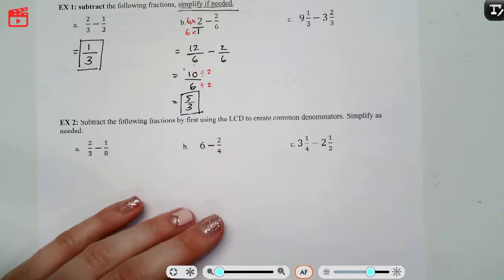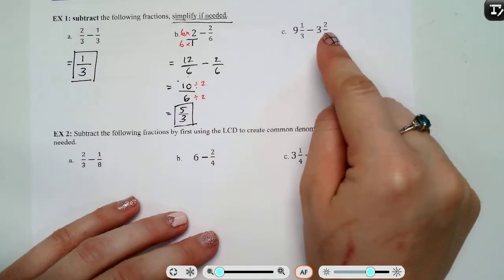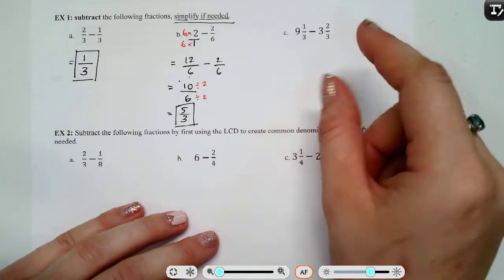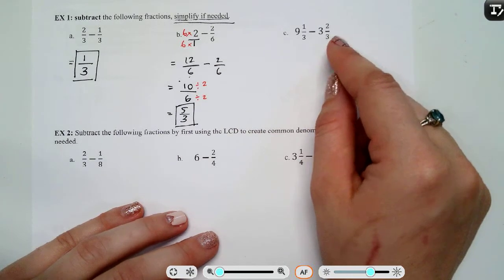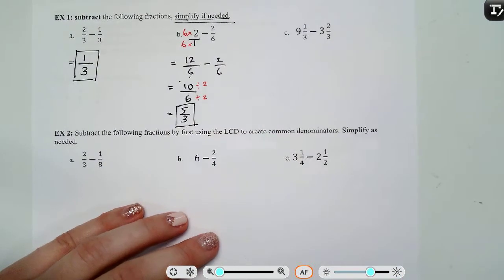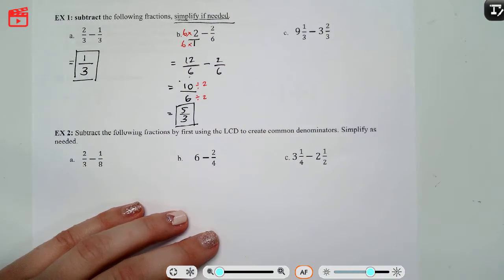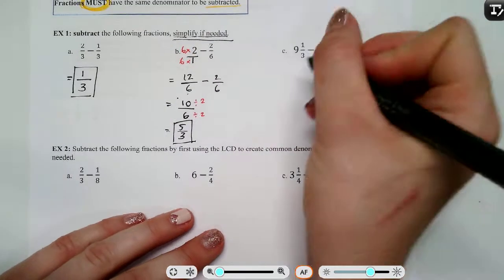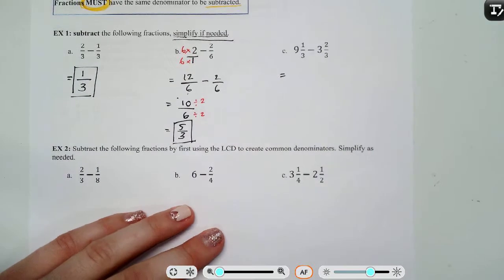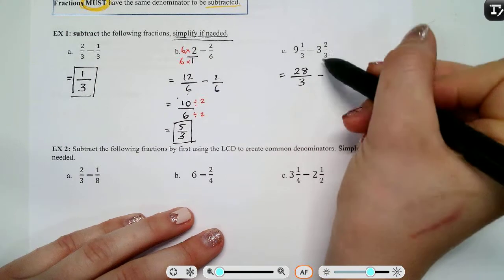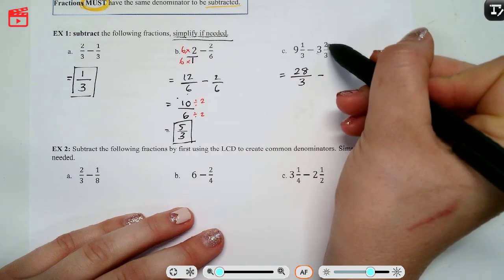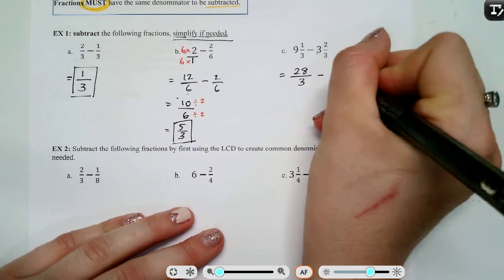All right, so we might be tempted to do that breaking up technique we did with the addition, but it's a lot harder with subtraction. So because of that, I'm going to do a different method, and we're going to turn these mixed numbers into improper fractions. So that's going to be 9 times 3, which is 27, plus 1 is 28, minus 3 times 3 is 9, plus 2, 11.